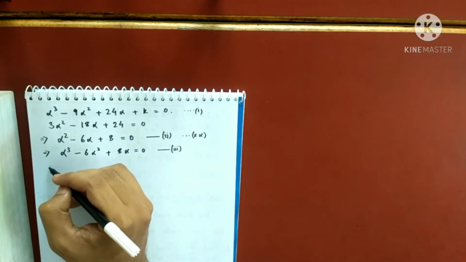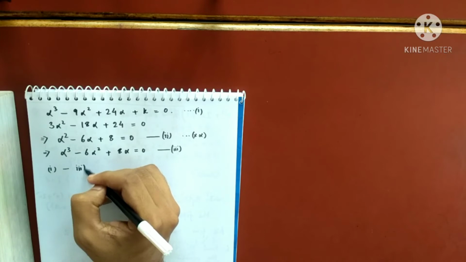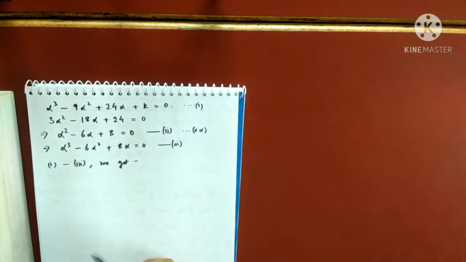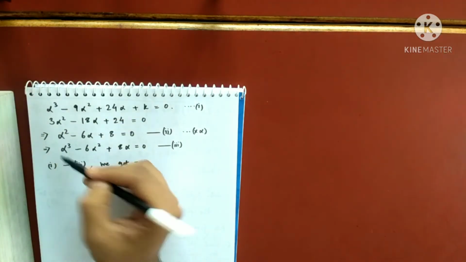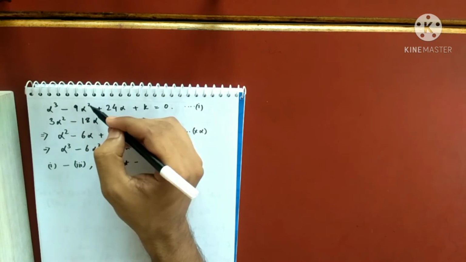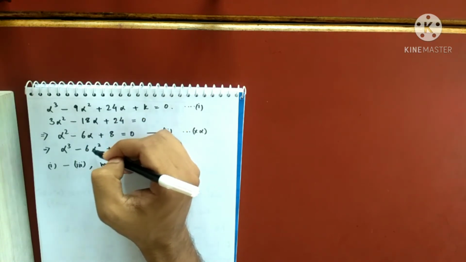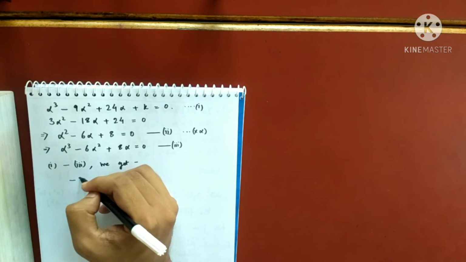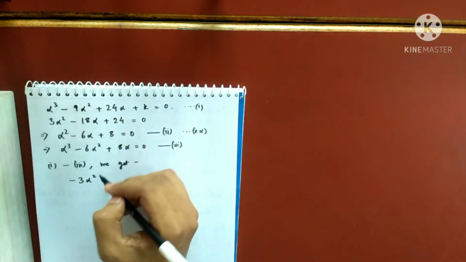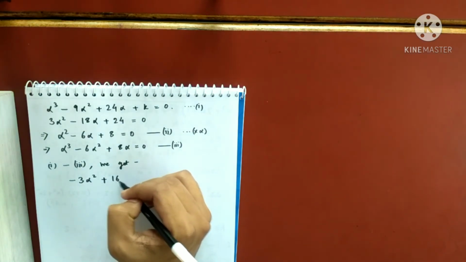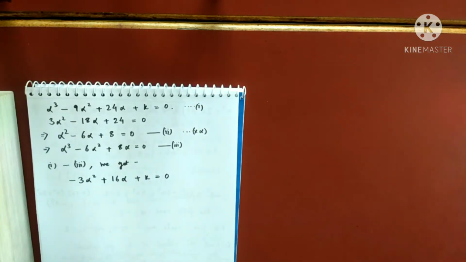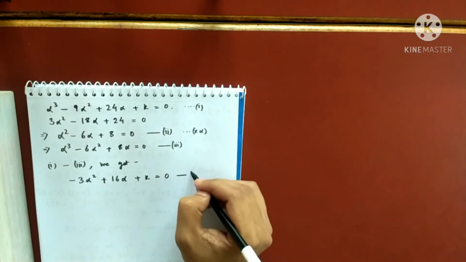We'll subtract 3 from 1. Alpha cube minus alpha cube gets cancelled. Minus 9 alpha square plus 6 alpha square, so minus 3 alpha square, plus 24 minus 8, which is plus 16 alpha, plus k equals 0. So this is my equation number 4.